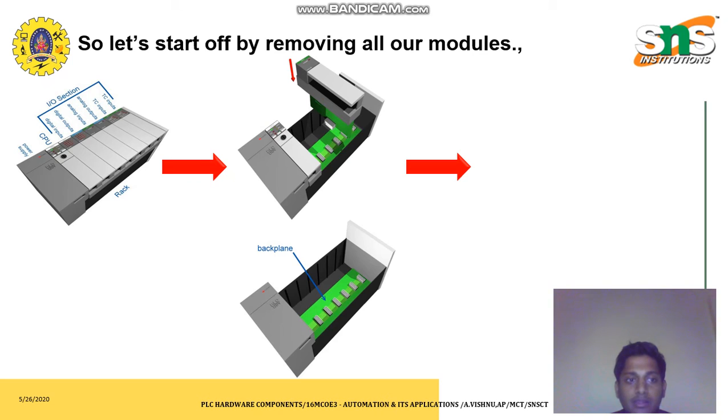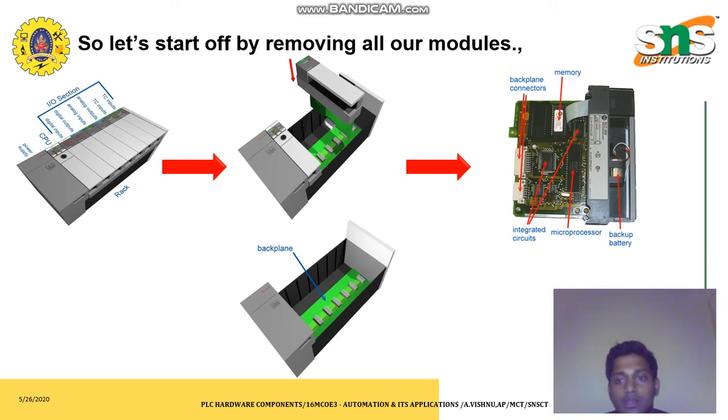And in the power supply and CPU panel, when the panels are removed, you can find memory units, integrated circuit units, and a microprocessor unit for processing the input and output based on the programmed logic. You can also find some backup batteries in the PLCs for uninterrupted programming of the PLC.